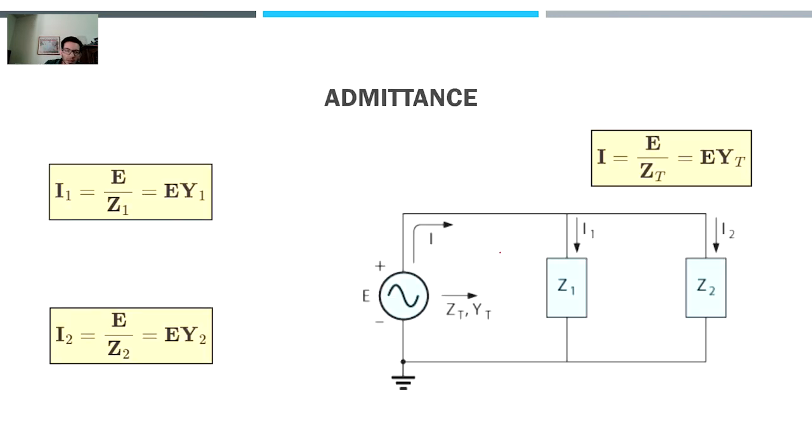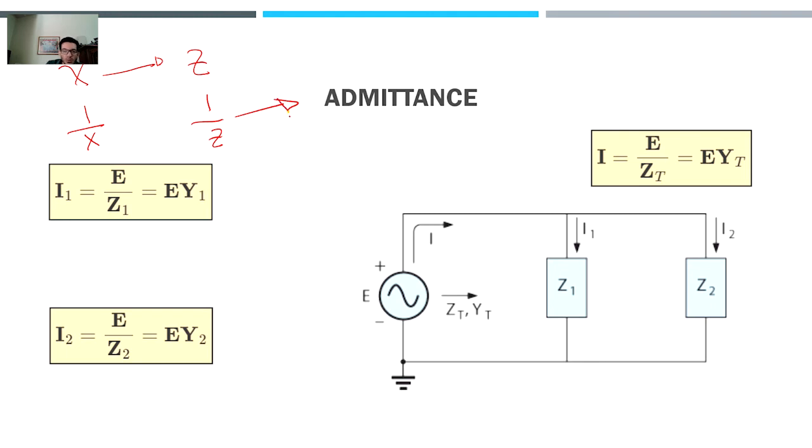So the other concept that we will learn is that we already know the term reactance and we know the term impedance. Well, 1 over reactance is called electrical susceptibility, and 1 over impedance is called admittance.